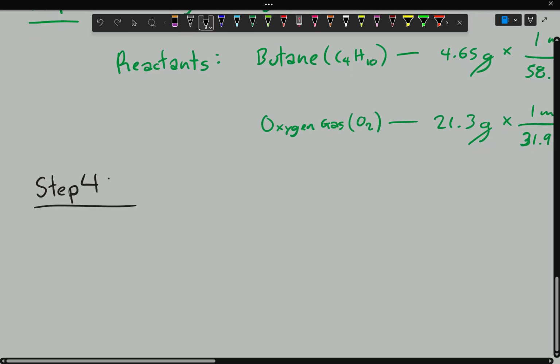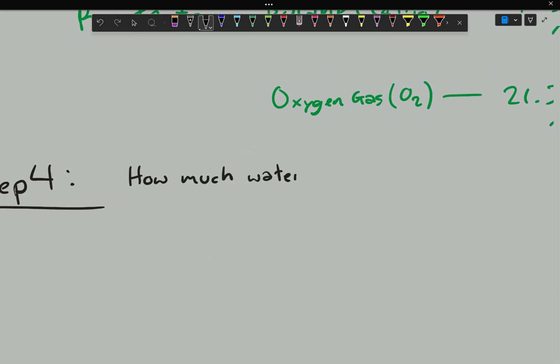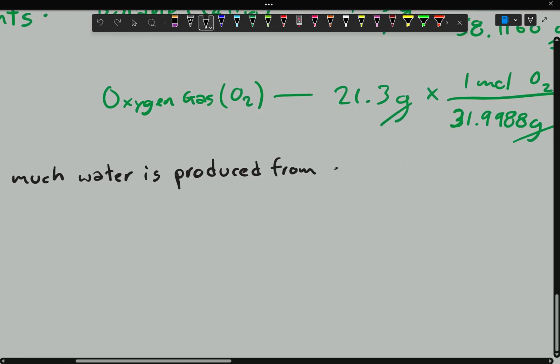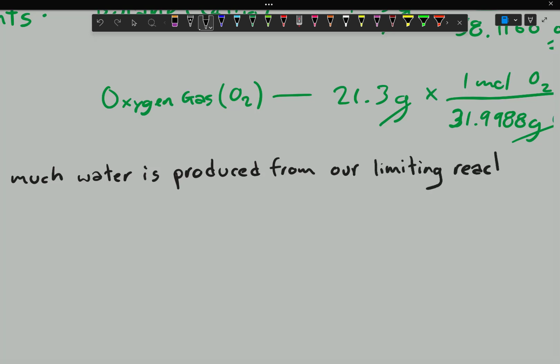Step 4 can be summarized as: how much water is produced from our limiting reactant?